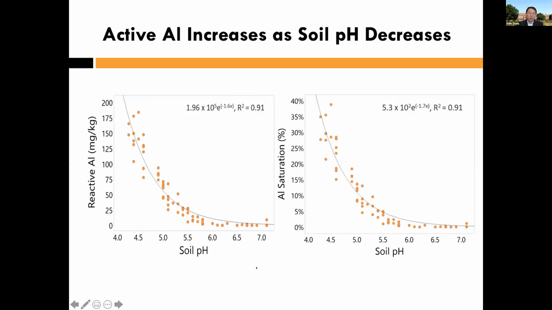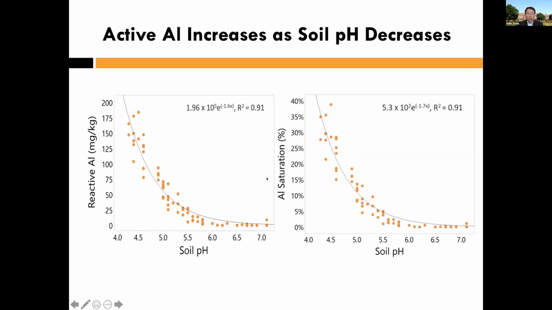So in the state, we have done much research on soil acidity, from Dr. Bob Westerman to many others. We consistently found the aluminum increases as pH decreases, especially when the pH drops below 5.5. You can see significant aluminum increases.